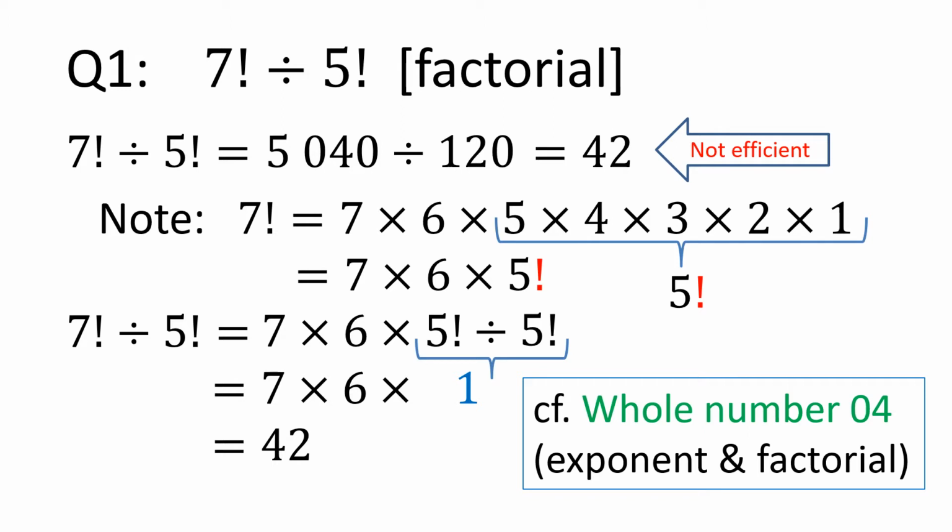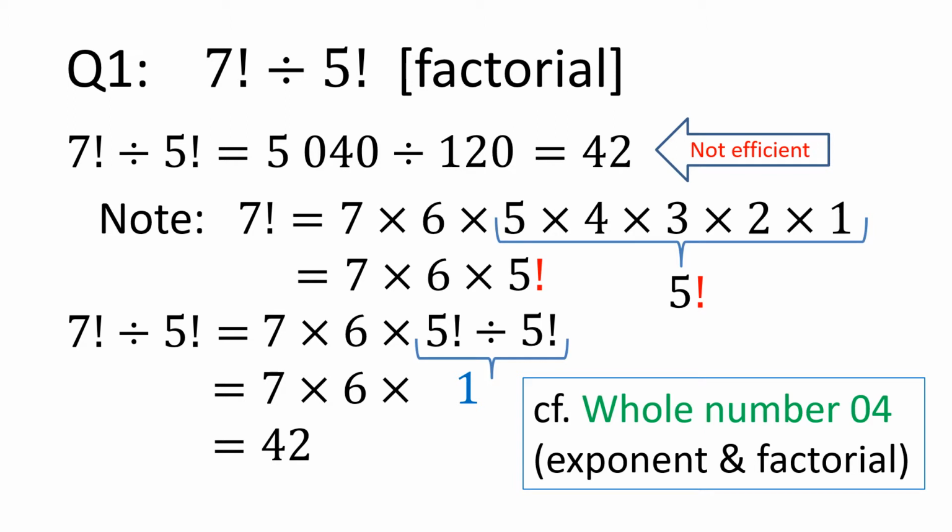So the original question, 7 factorial divided by 5 factorial, is equal to 7 times 6 times 5 factorial divided by 5 factorial. Since this is all multiplications and divisions, they are in the same order of operations. That means we can calculate a division 5 factorial divided by 5 factorial first, which is 1.